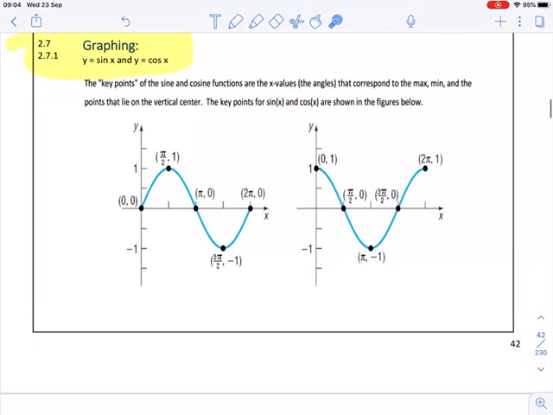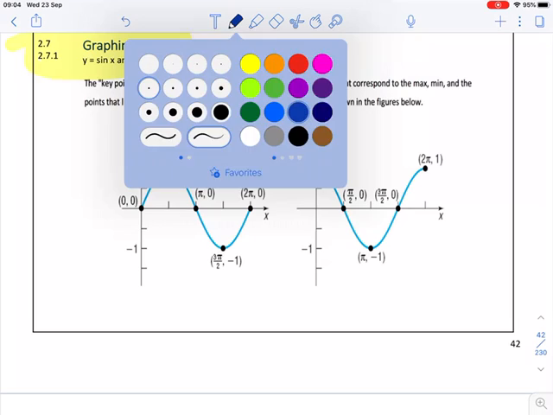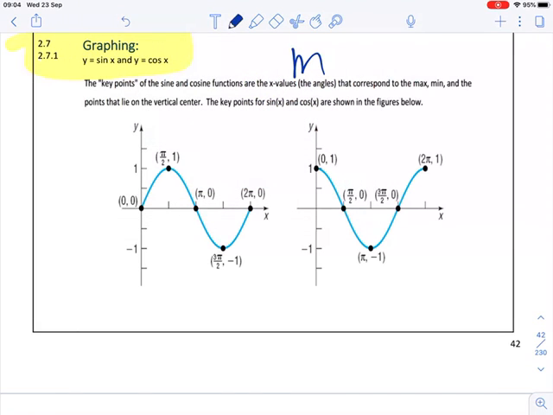So if you can just, again on 2.7, the mother graphs, I'm just going to write MG so that you remember this is your mother graphs. You must really know these two graphs very well.